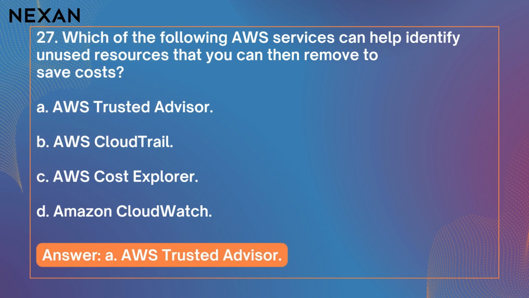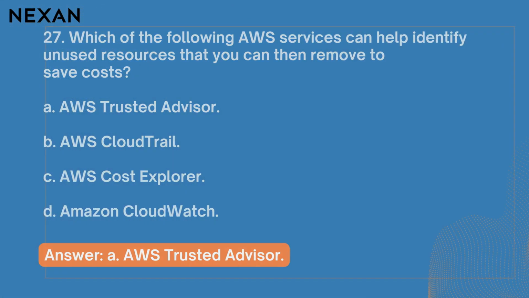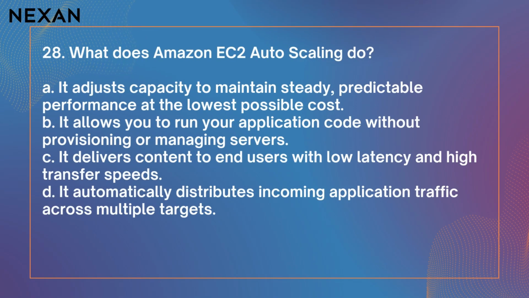28. What does Amazon EC2 Auto Scaling do? A. It adjusts capacity to maintain steady, predictable performance at the lowest possible cost. B. It allows you to run your application code without provisioning or managing servers.